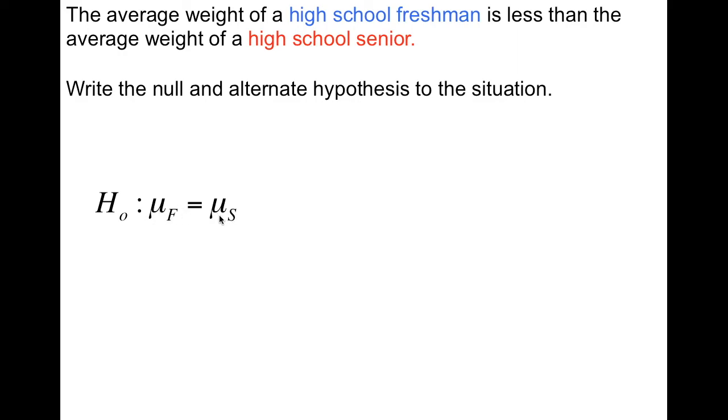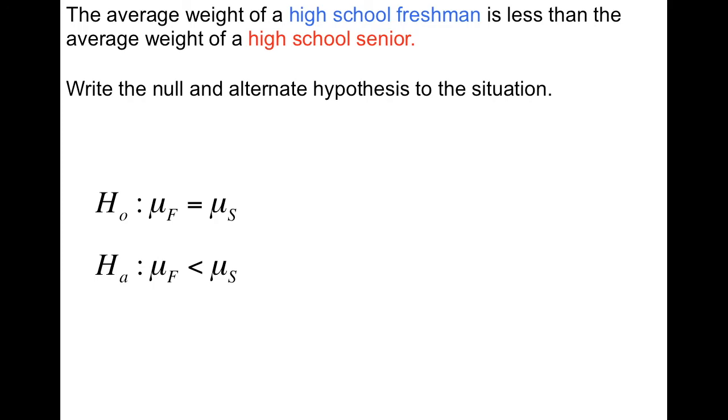I'm labeling my mu's, just nothing. I don't need a paragraph explaining. I just know F is for freshmen, S is for seniors. And it's claiming that the average weight of high school freshmen is less than the average weight of high school seniors. So freshmen are less than seniors. And there's our alternative.